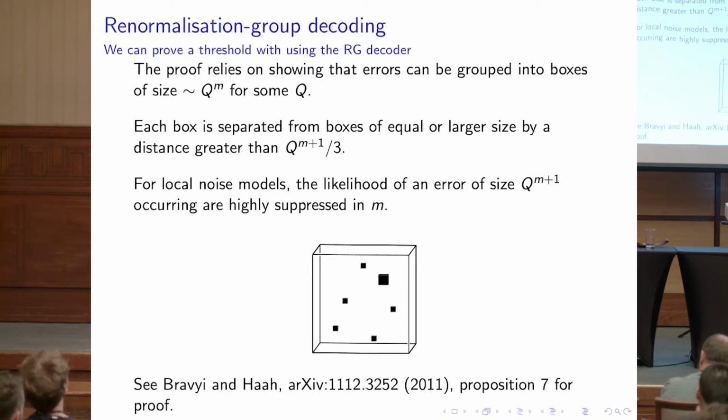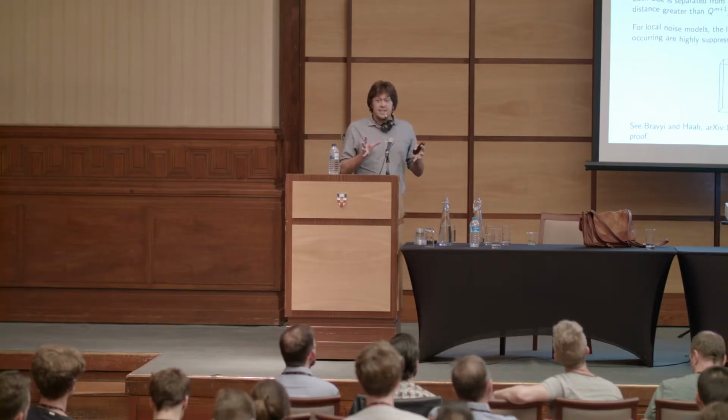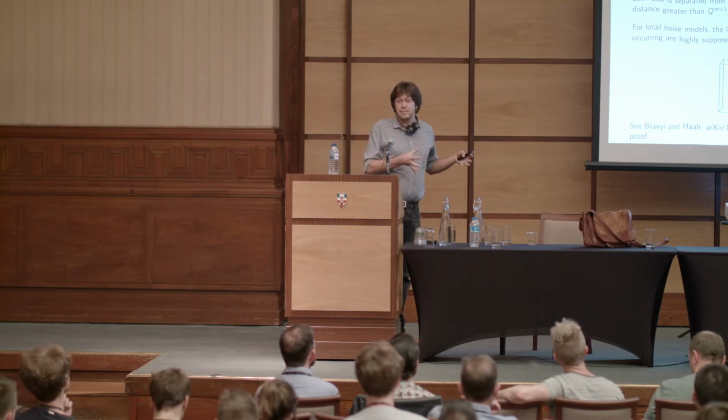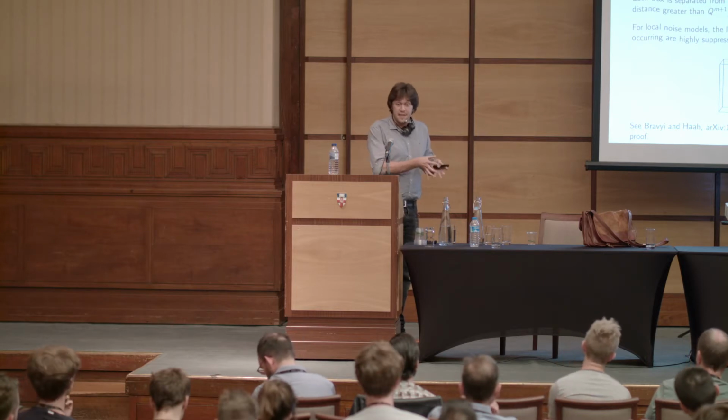What you can prove is, if you look at connected components of these chunks, where a connected component includes a level m chunk, but not an m+1 chunk, then for some number q that you're free to choose, the connected components will be of size no bigger than q to the m, and separated from all connected components that are equal size or bigger by q to the m+1. So you have this big factor of q to play with in between level m chunks and other level m chunks or bigger chunks.